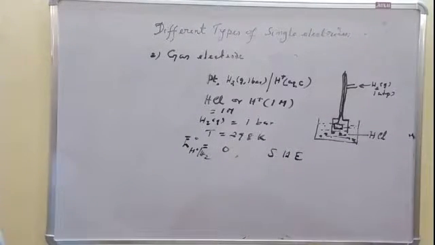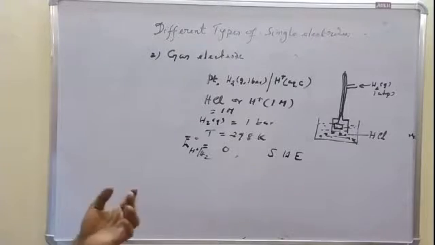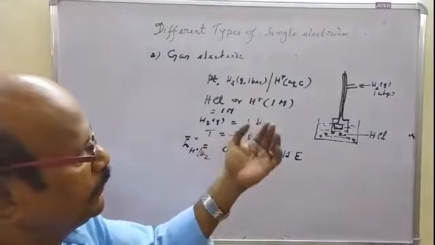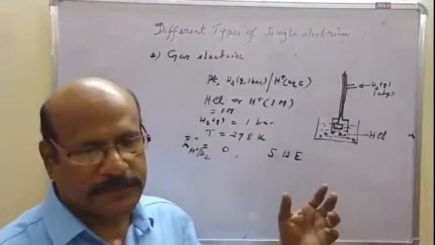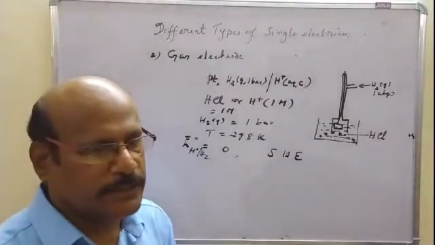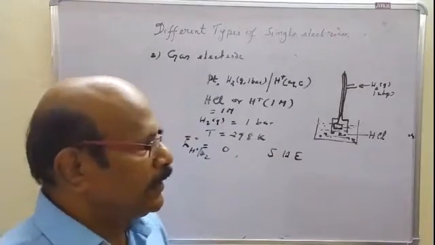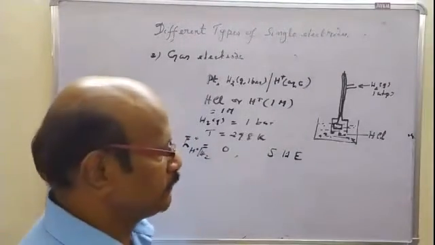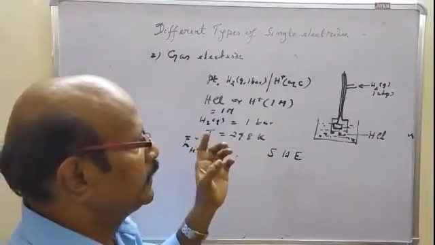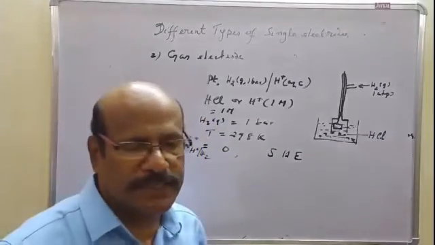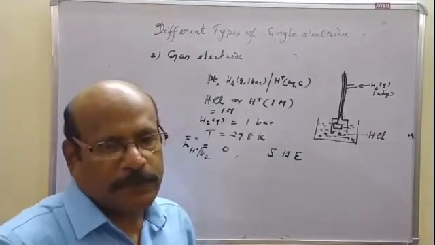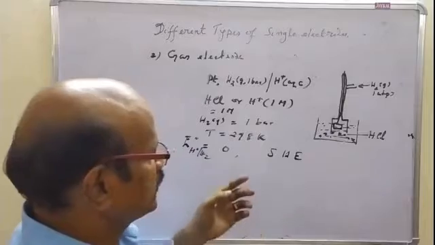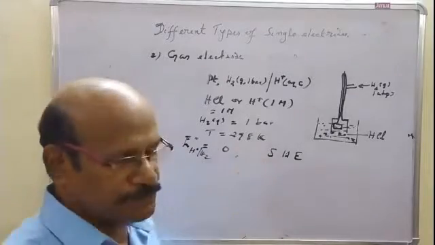A standard hydrogen electrode is a gas electrode in which perfectly pure dry hydrogen gas at 1 atmosphere pressure is bubbled through an aqueous HCl solution of concentration exactly 1 molar, and kept at a temperature of 298 Kelvin. Its single electrode potential is arbitrarily fixed as 0.